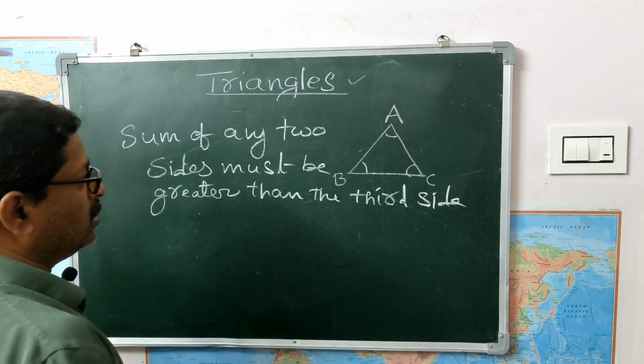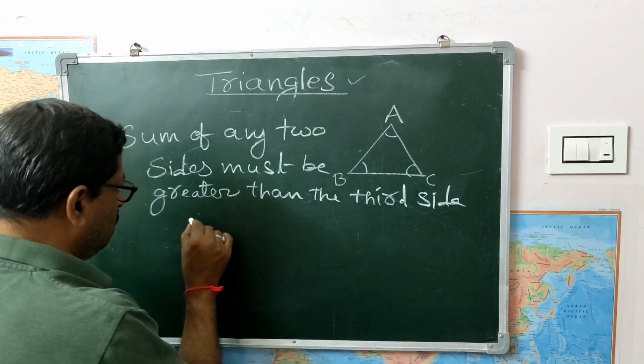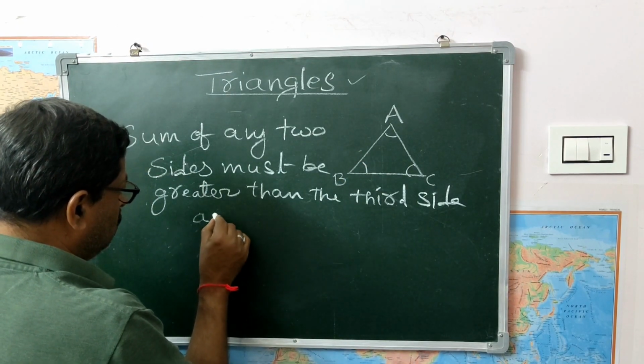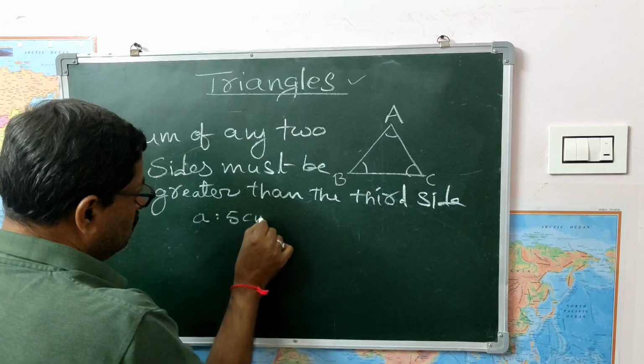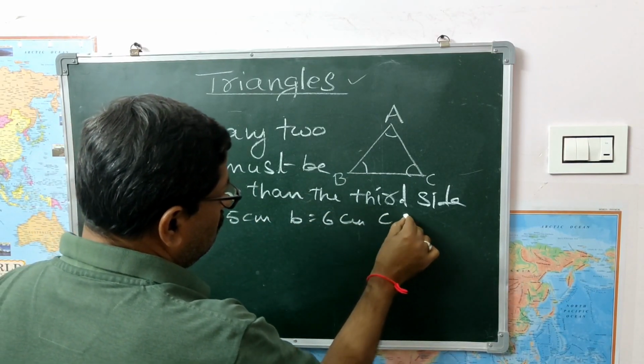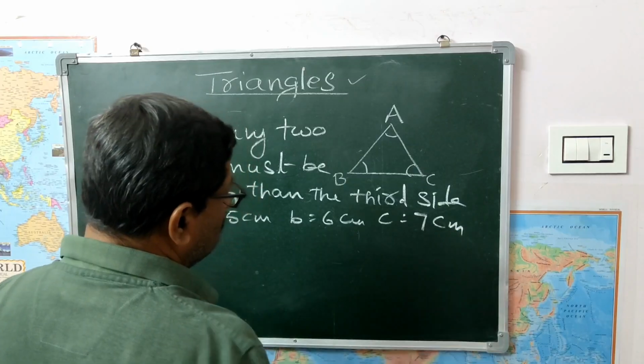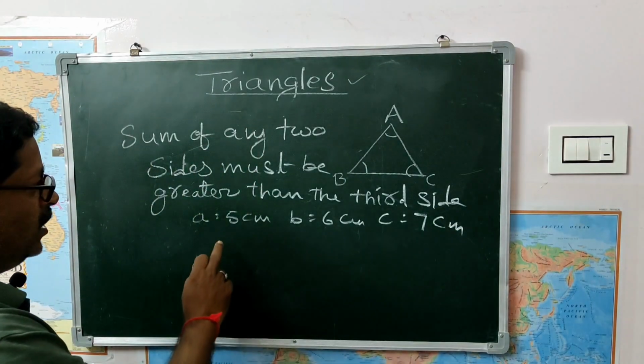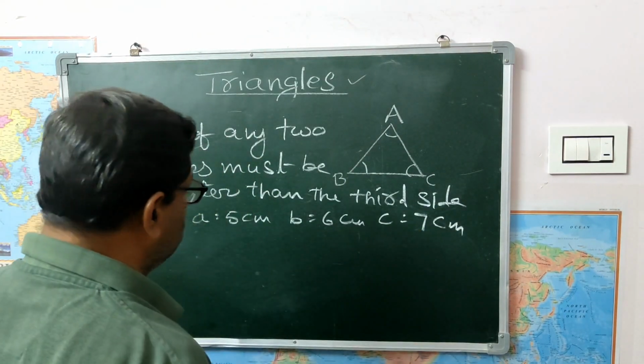If you take any two sides, measures of the sides, for example, if A is equal to 5 centimeters, B is equal to 6 centimeters, C is equal to 7 centimeters. Now let us see, can we form a triangle with these measurements?